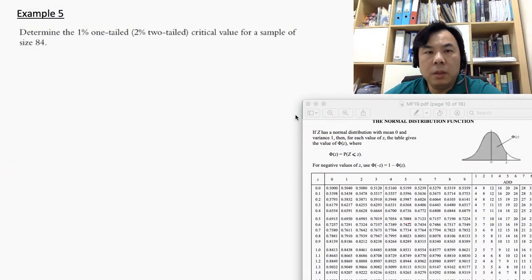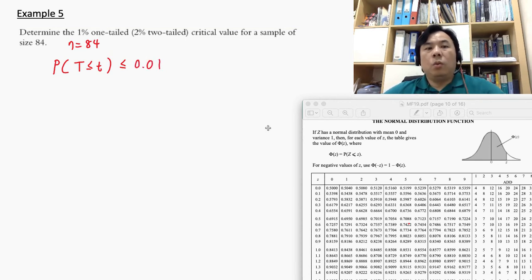Here we need to determine the 1% one tail test critical value for a sample size of 84. So n is equal to 84. Now the critical value that we are talking about will be the test statistic value. Therefore, it must satisfy this inequality because it is a 1% one tail test. So it must be less than 0.01 here.